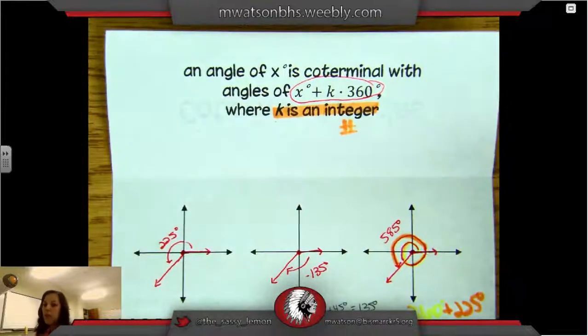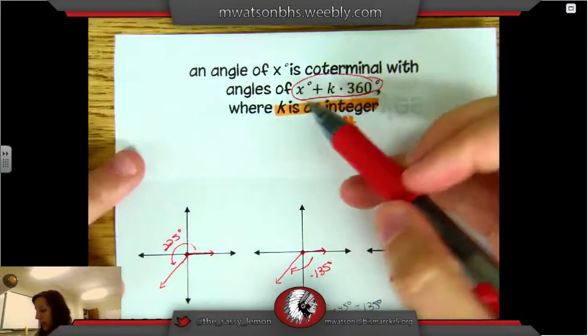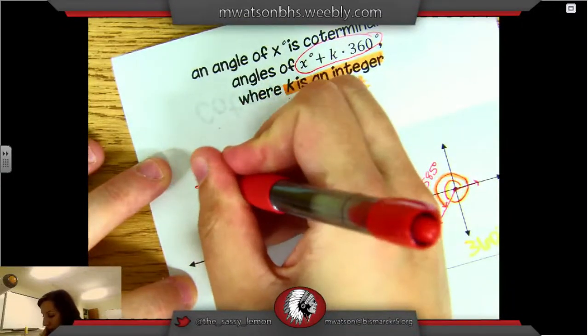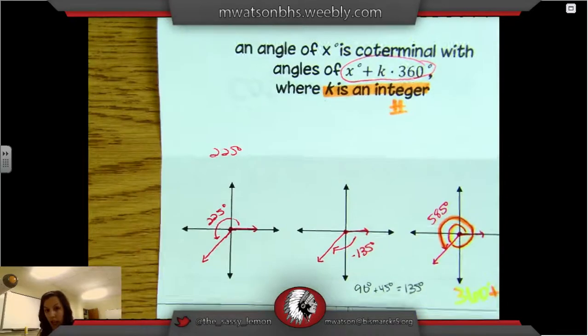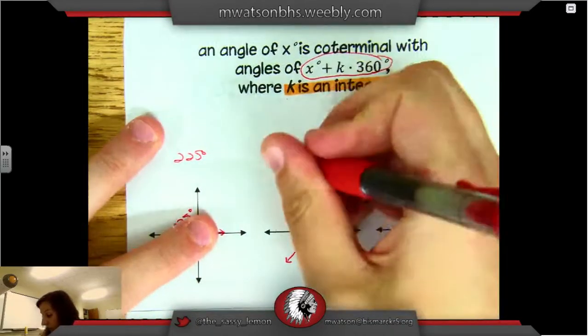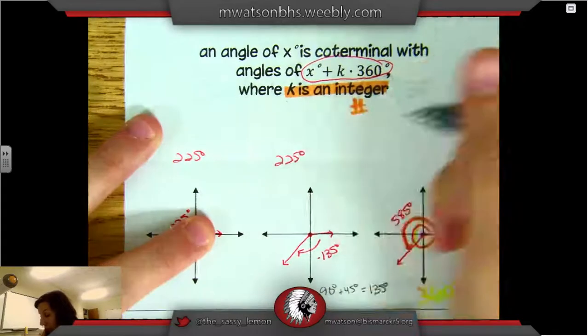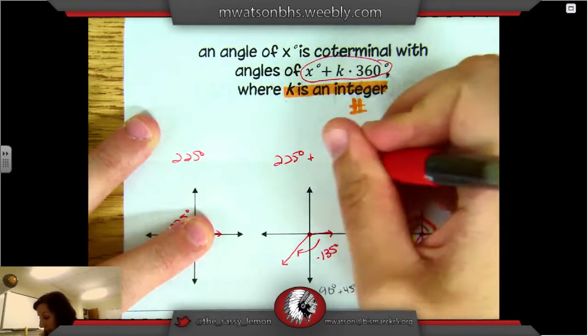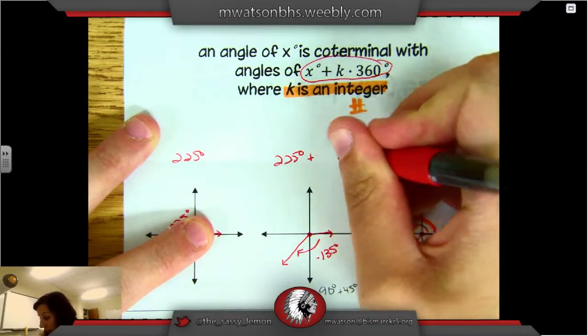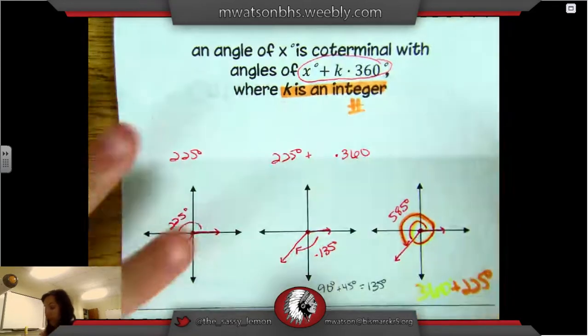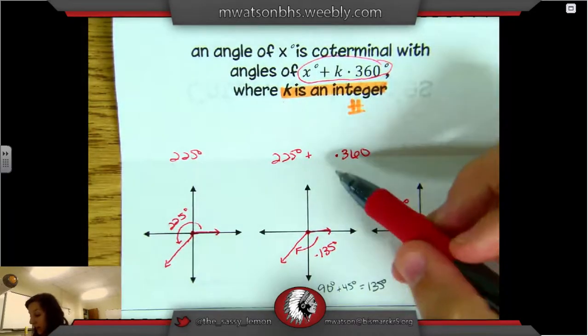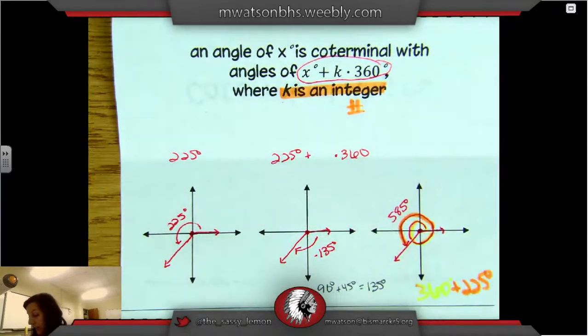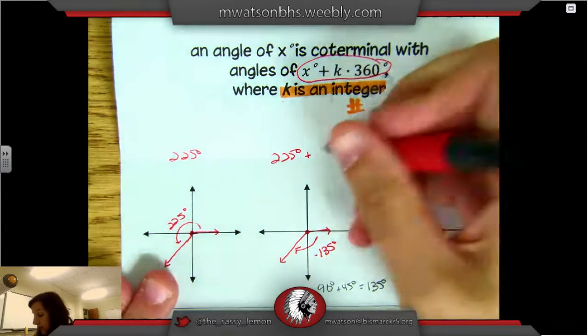All right, so let me bring this home for you. This is our 225 degree angle. It's coterminal with something that's 225 degrees plus a number times 360. Well, what integer did we use to get negative 135? Well, negative 1.